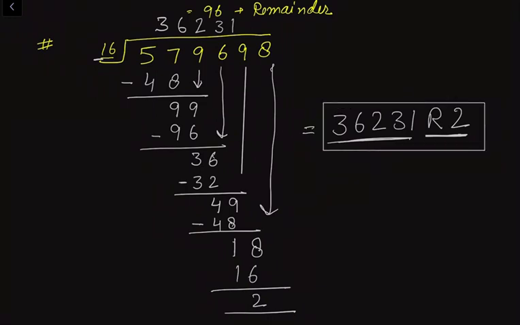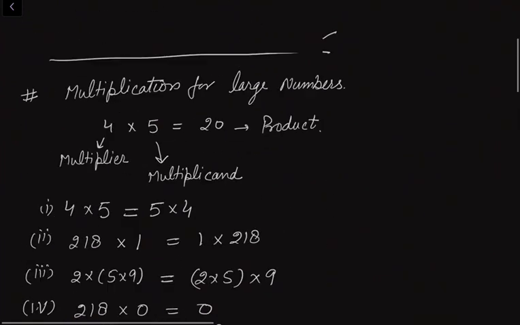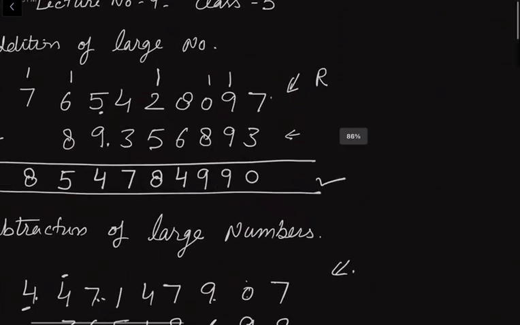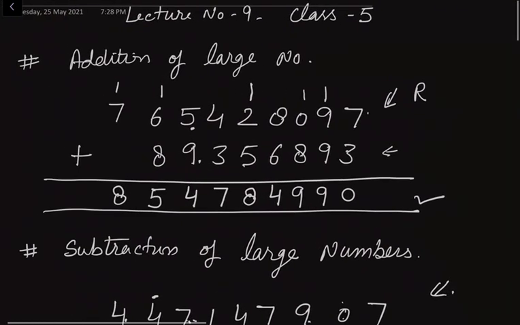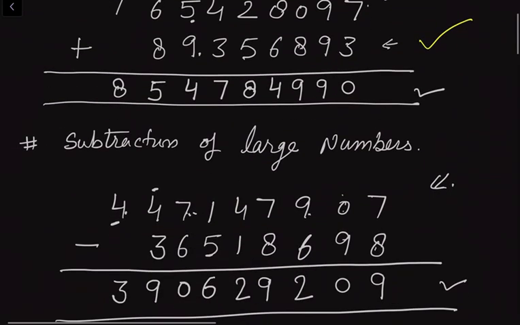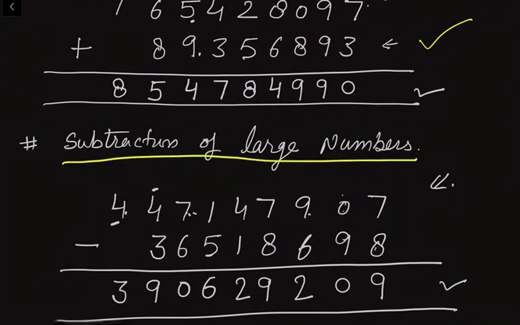Let us revise what we did today. We studied here addition for the large numbers. We solved a question for the large numbers for the addition. This is for the addition, and this is for the subtraction of the large number.